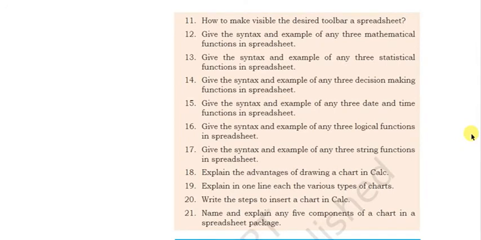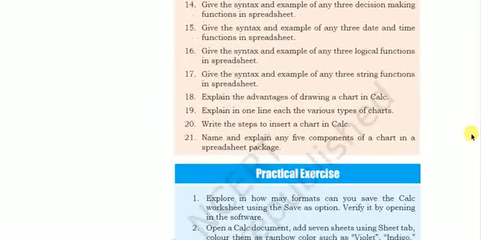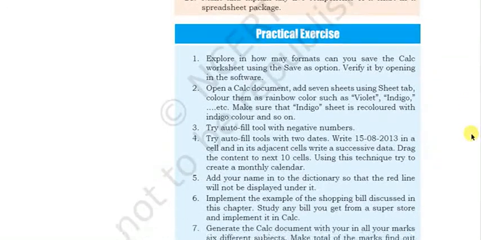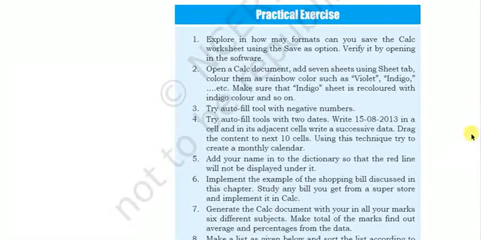These are the remaining short answer questions for you to check your progress and your learning. And at the end we have some practical exercises also, so that we can check your practical skills and you can assess how much you have learned.